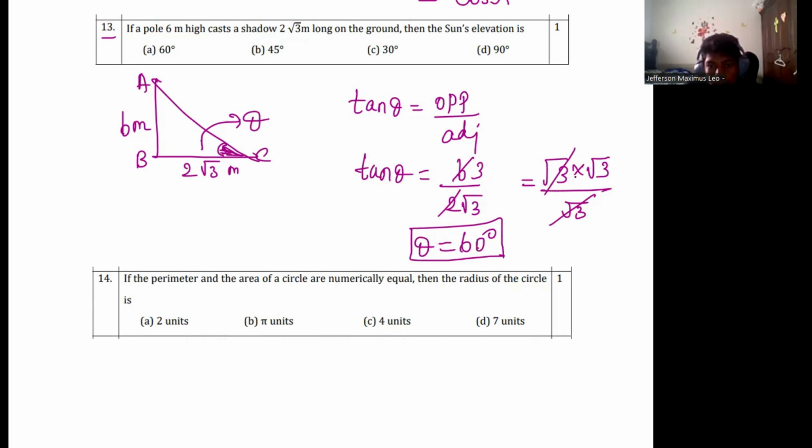This 3 can be written as root 3 times root 3, and again root 3 gets cancelled, only root 3 alone. In tan, root 3 occurs at an angle of 60 degree. So tan theta is equal to root 3. That means root 3 occurs at an angle of 60 degree. That's all. Okay, ma'am. That is option A. So now next question.